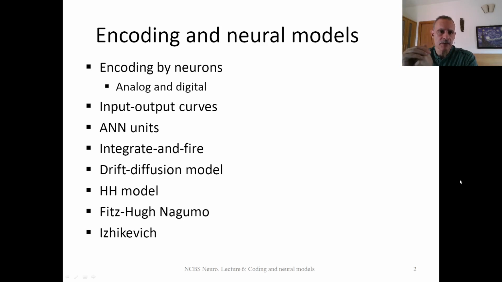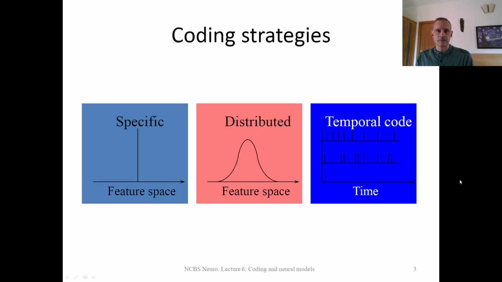We'll spend quite a bit of time on integrate and fire neurons, because they do have some kind of biophysical basis. We'll spend just a little glimpse of what's called the drift diffusion model, and we'll have another glimpse of the Hodgkin-Huxley model, though we'll be spending far more time on that later in the course. And then we'll say hello briefly to Fitzhugh-Nagumo and Izhikevich models. Okay, so with that, let's get started.